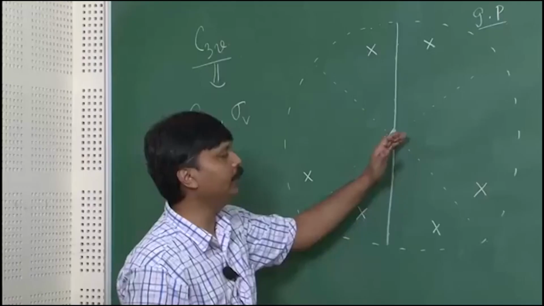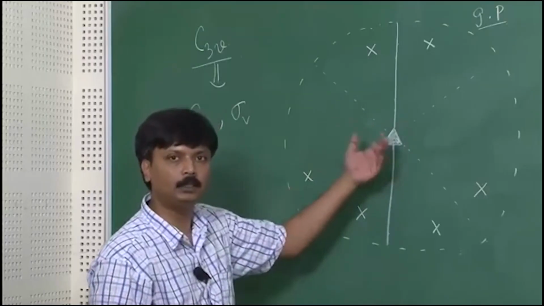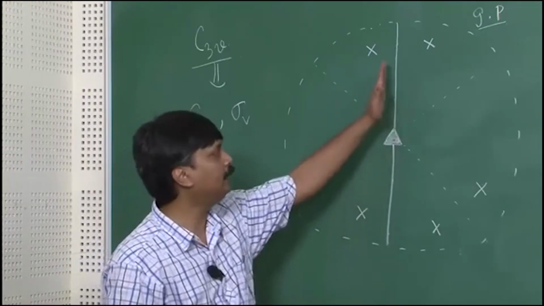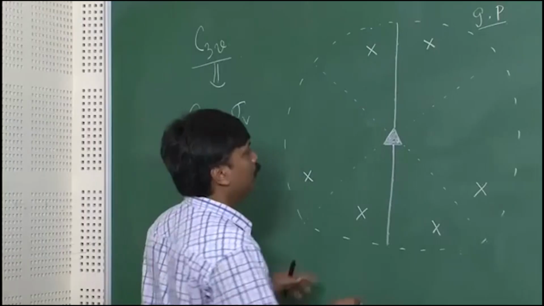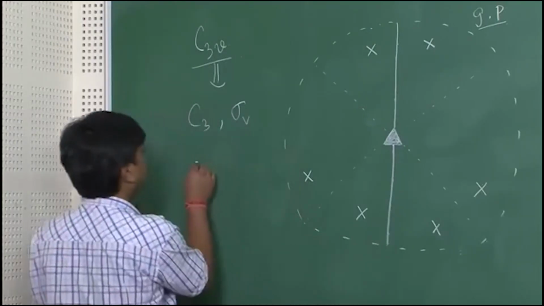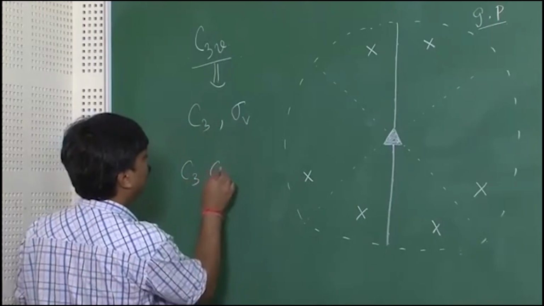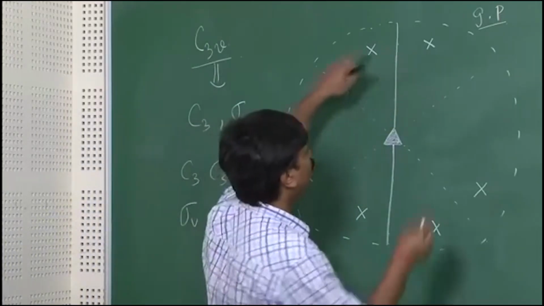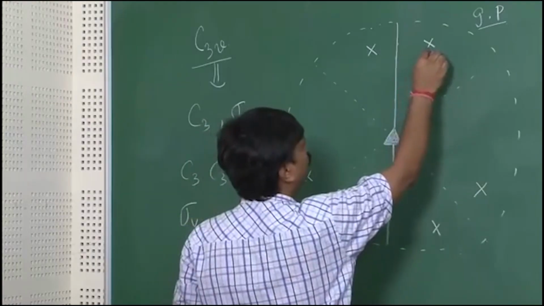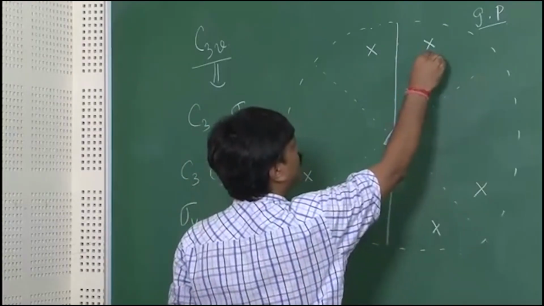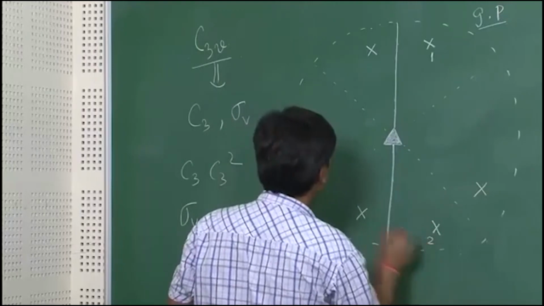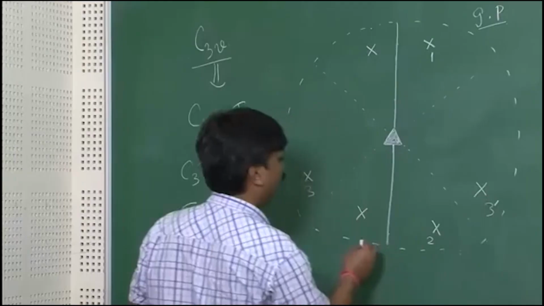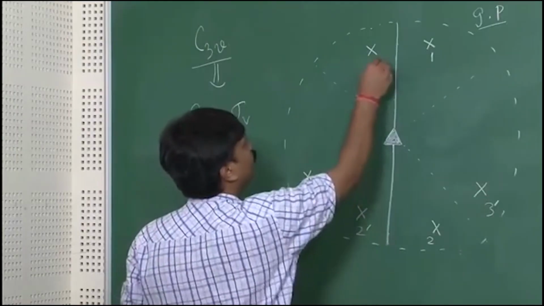I have used the C3, performed the operations C3 and C3 square, and then applied one sigma v, and I see the effect here. Now let's mark these points. Say this is my point 1, 2 and 3, and this is 3 prime, this is 2 prime, and this is 1 prime.